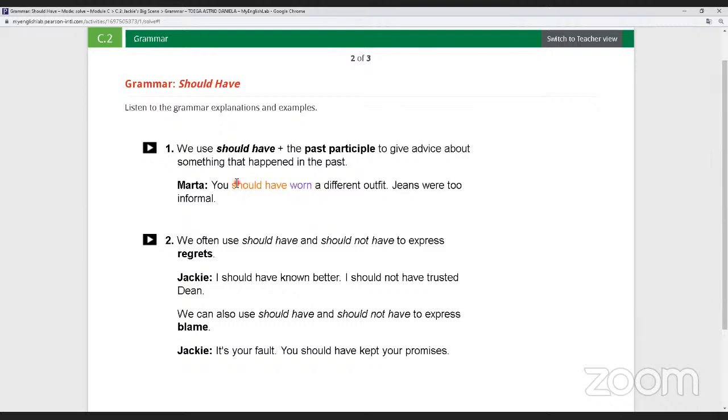Could be the past, but as we are using the modal should, we have to use the verb in its base form, right? So it could be the present perfect: modal plus the present perfect. And if I talk in third person, I'm not gonna modify the auxiliary verb as I should with the present perfect, but as I have a modal, I'm not gonna do it. You should have worn a different outfit. Jeans were too informal, right?